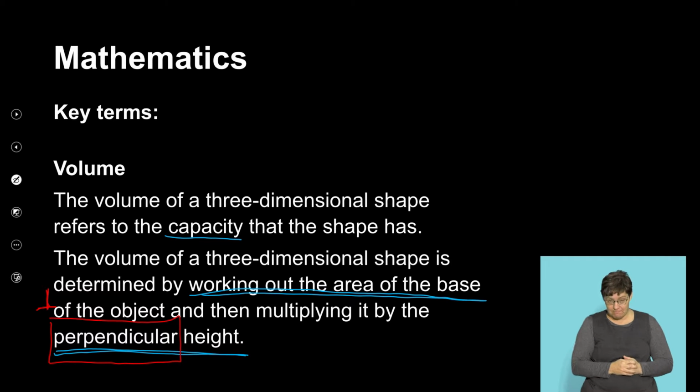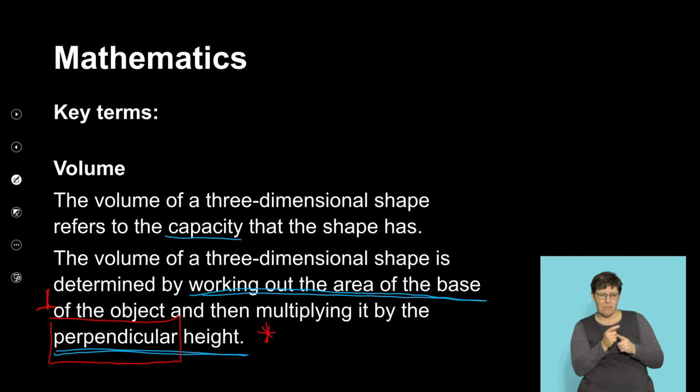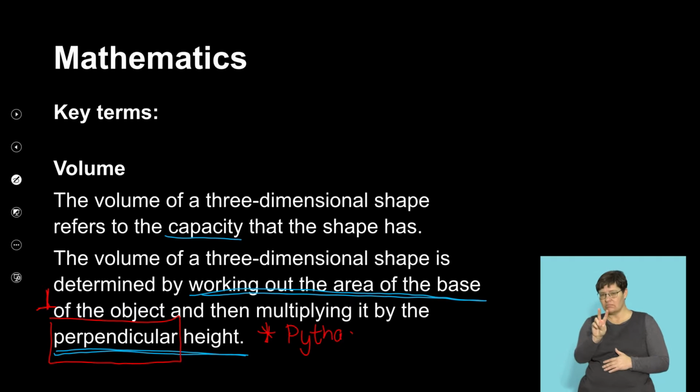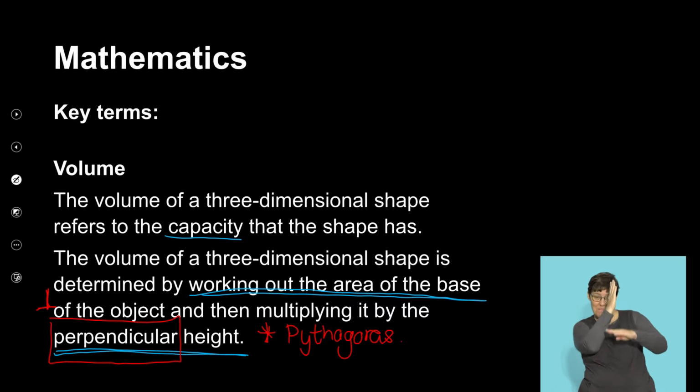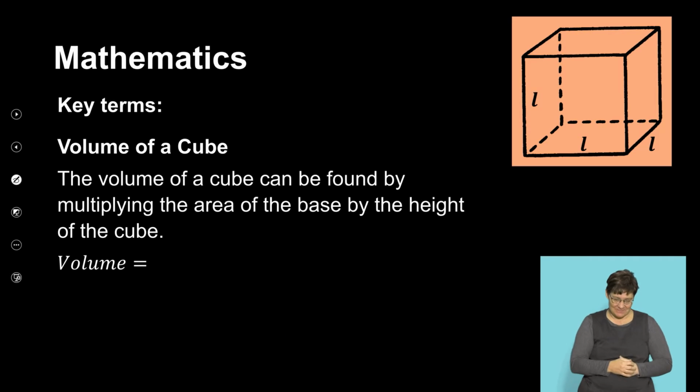Also, just a little note that you might want to say to yourselves is if I'm working with shapes that involve perpendicular sides and 90-degree angles, we must look out for Pythagoras because we know that Pythagoras is common when we are working with right angles. Great, let's go to the next slide.